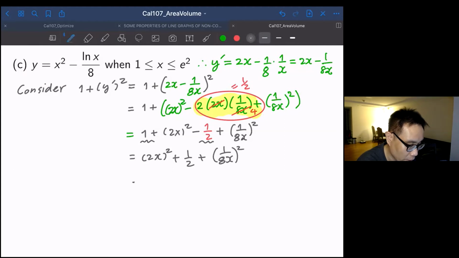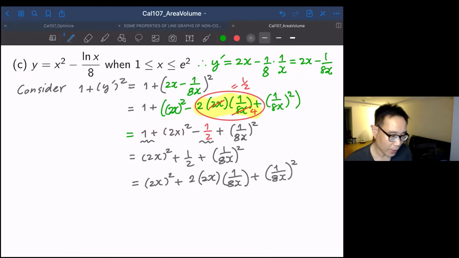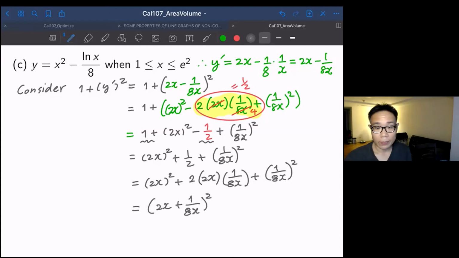So this one will be 2x squared plus 1/4, plus 1 over 8x squared, and then this turned out to be (2x plus 1 over 8x) squared. So that will be your 1 plus y prime squared.